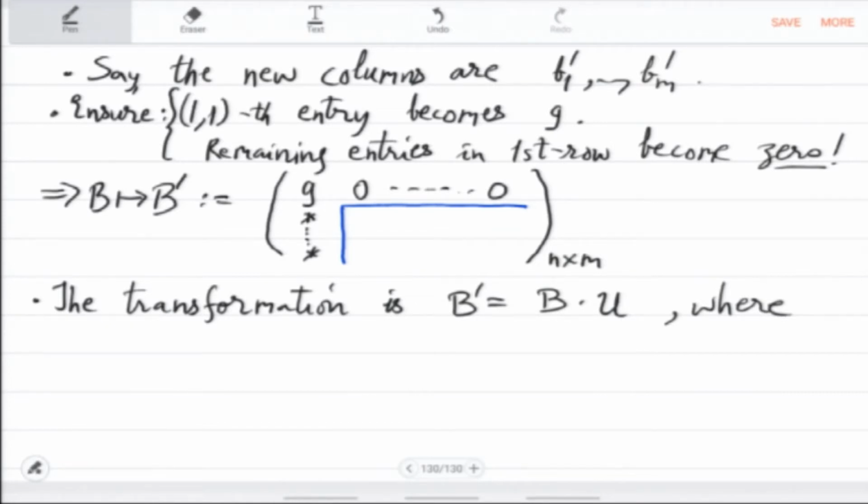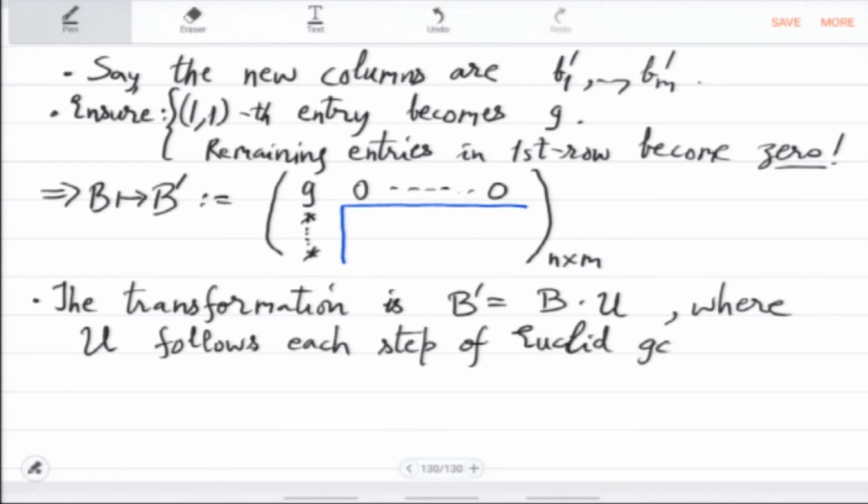Where U is what? So U follows each step of Euclid's GCD algorithm. So what can you say about the determinant of U?